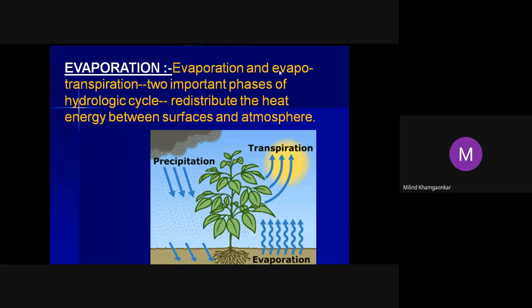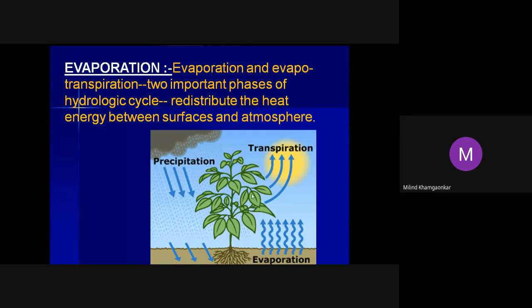So, transpiration, I have explained what it is. Transpiration is nothing but the transfer of water from the plant leaves to the atmosphere. Why does the water get evaporated through the plant leaves? Because the plant leaves have very small micropores through which they absorb carbon dioxide and also solar energy from the atmosphere.